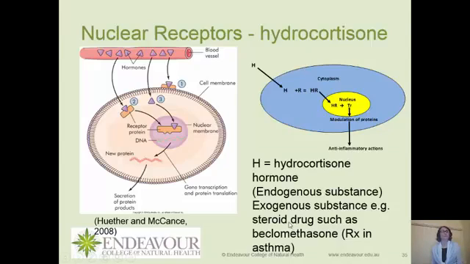It could be a steroid drug such as beclomethasone, which is inhaled in certain people who have asthma, and its mechanism of action will be at the same physiological targets as the normal endogenous hormone hydrocortisone. So that beclomethasone will be having its actions by binding to its receptor, the hormone drug, and the receptor moving into the nucleus, modulating proteins and affecting anti-inflammatory responses and so on.